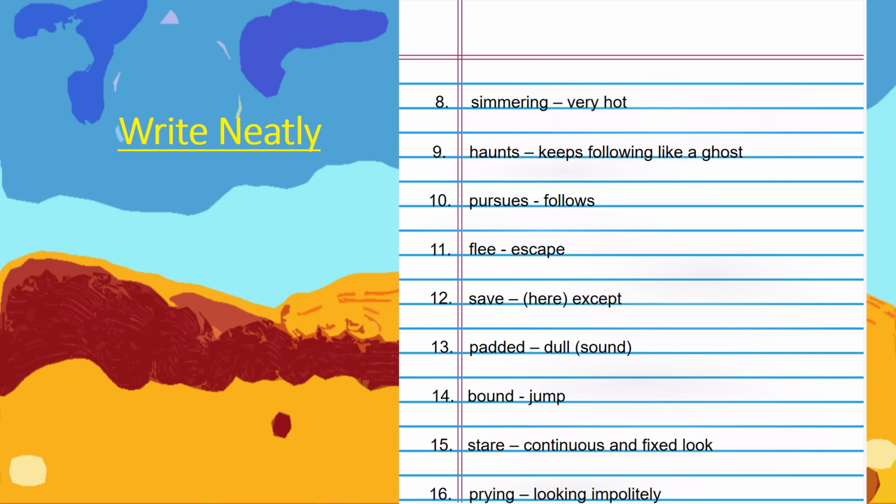Number 14, bound: jump. Number 15, stare: continuous and fixed look. Number 16, prying: looking impolitely.